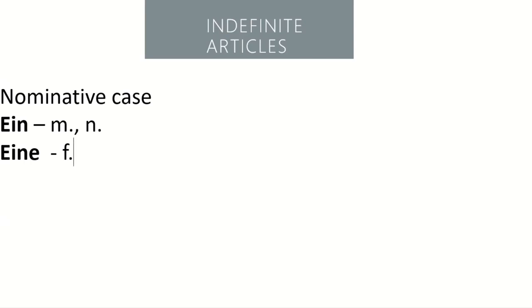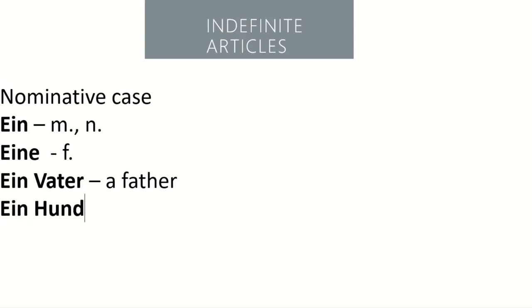For example, here we'll write masculine nouns. A father, ein Vater, a father. Ein Hund, which means a dog.